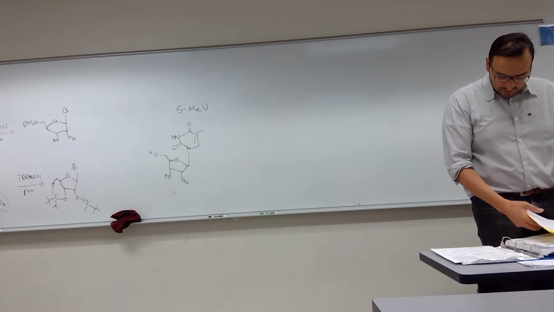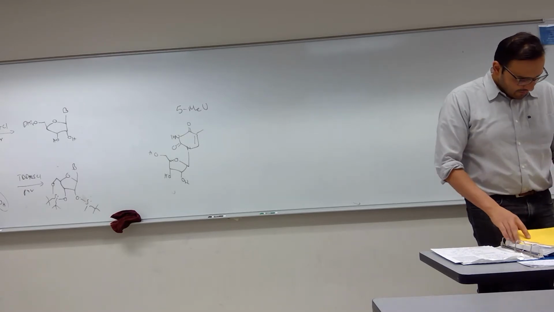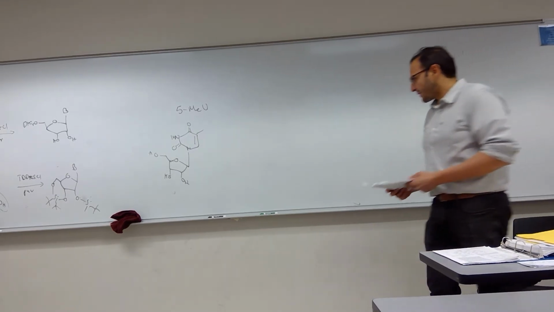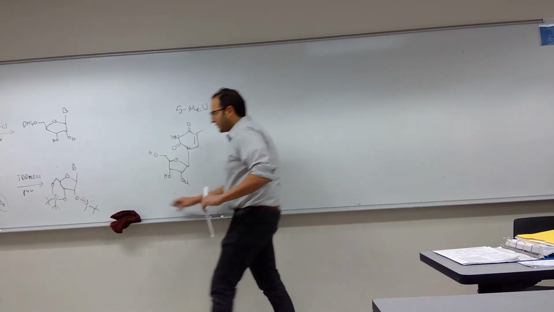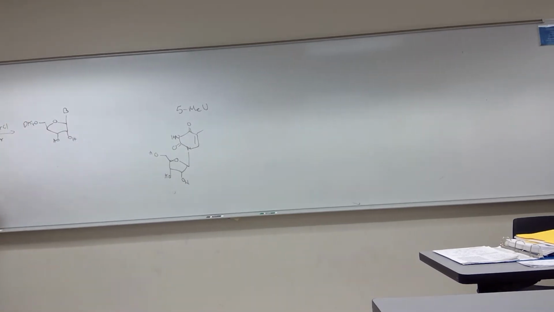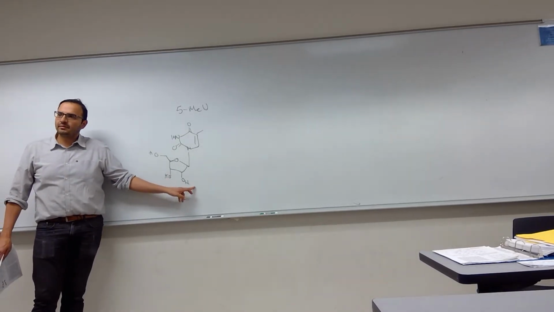Alright, so now before I forget, let me give you guys the homework. For this problem, are we supposed to be able to split the nucleotide, or were we just supposed to add the methyl? Just add it right at the CH right here.